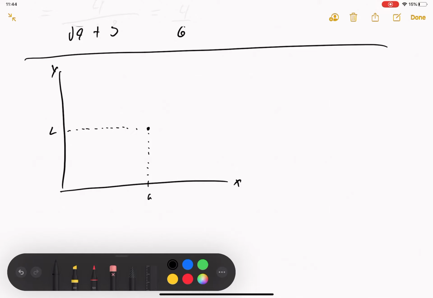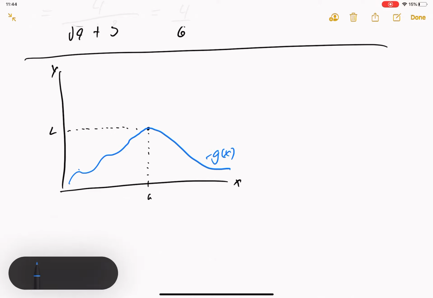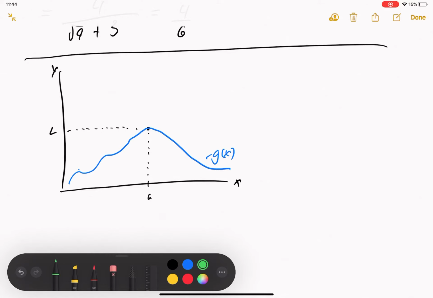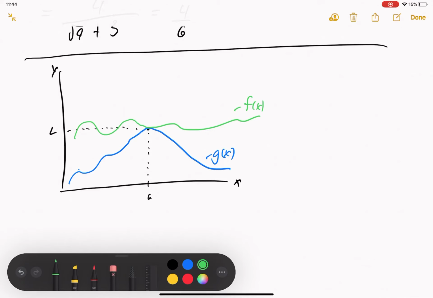And this is kind of the case we're going to be worrying about. So let's just say we have a function, call this function g of x, and then we're going to call this function that we want to evaluate f of x, and then one last function.